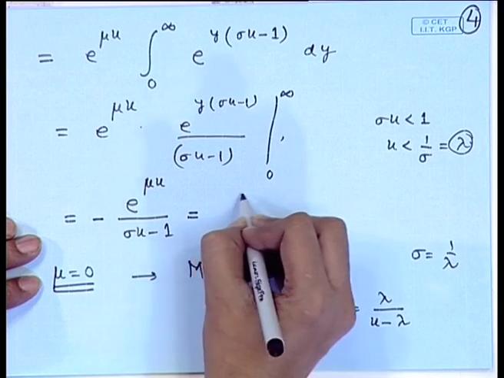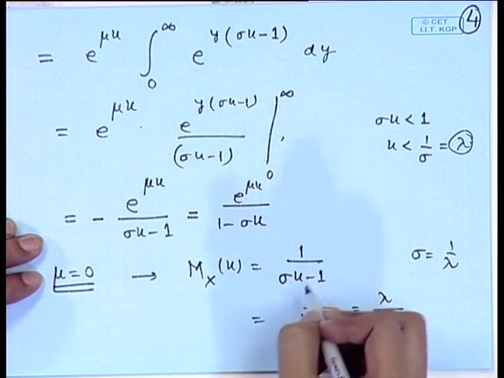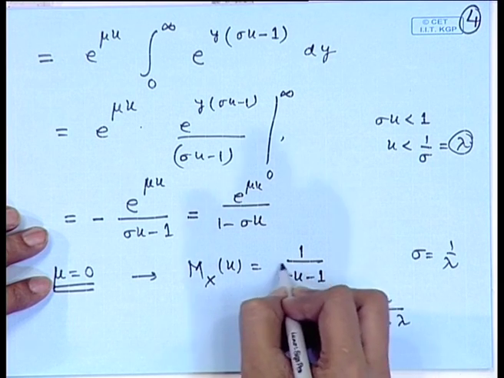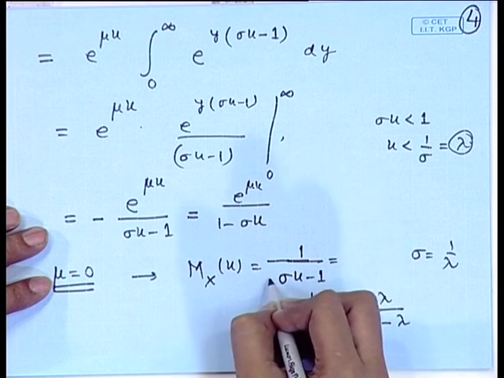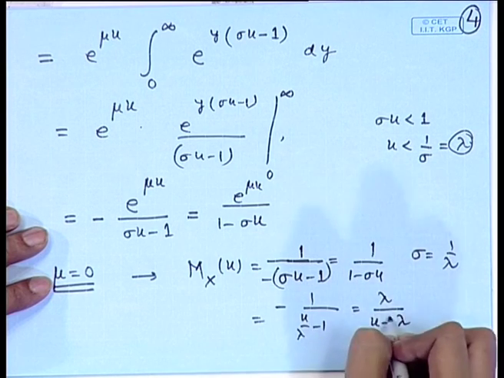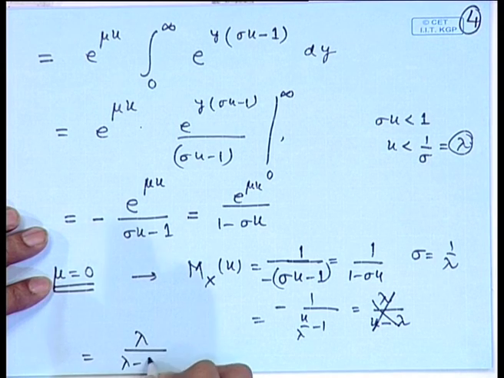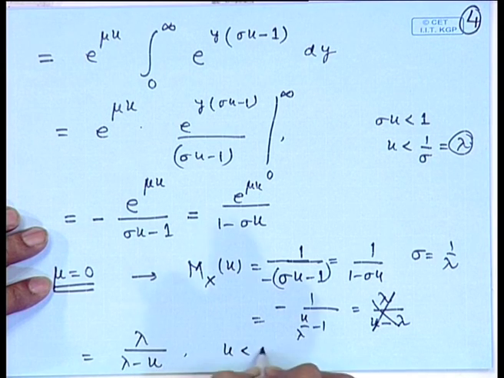There is a minus sign here, because when we put 0 there is a minus sign here. So, this will become actually equal to e to the power mu u times 1 by (1 minus sigma u), with the minus sign accounted for. So, this is equal to lambda by (lambda minus u) for u less than lambda.